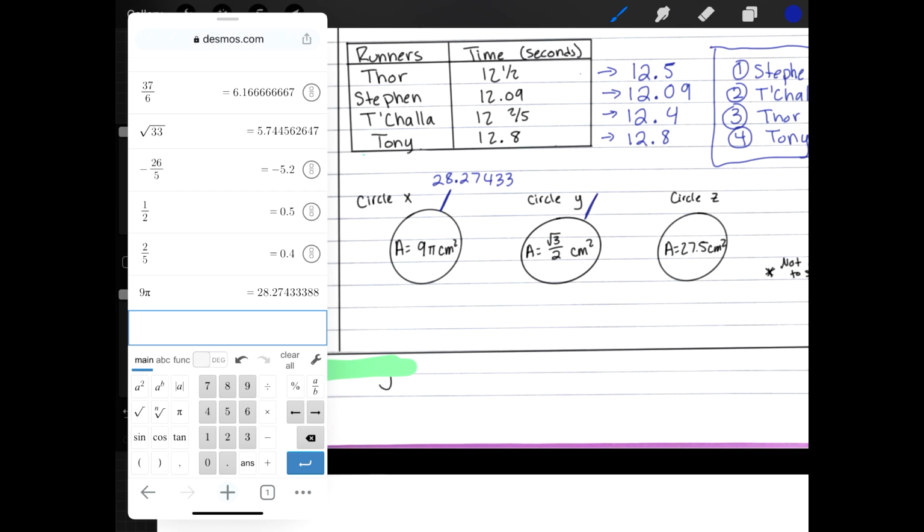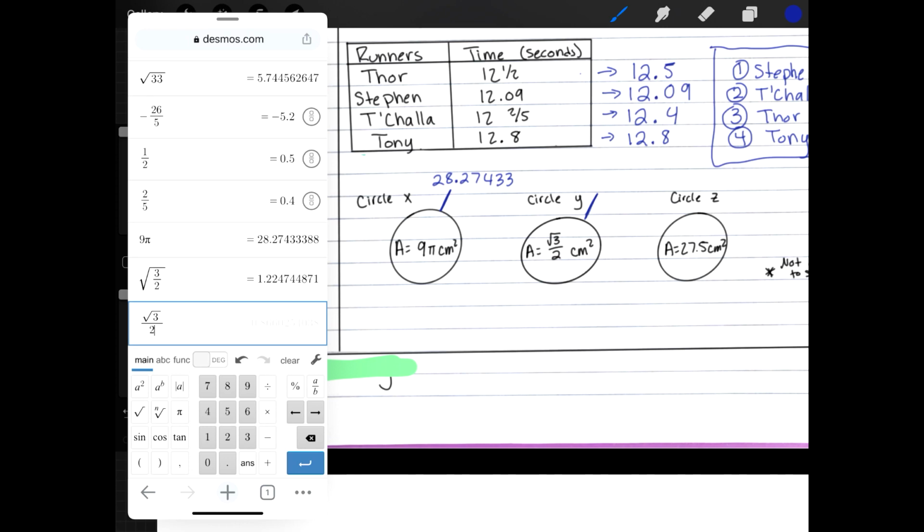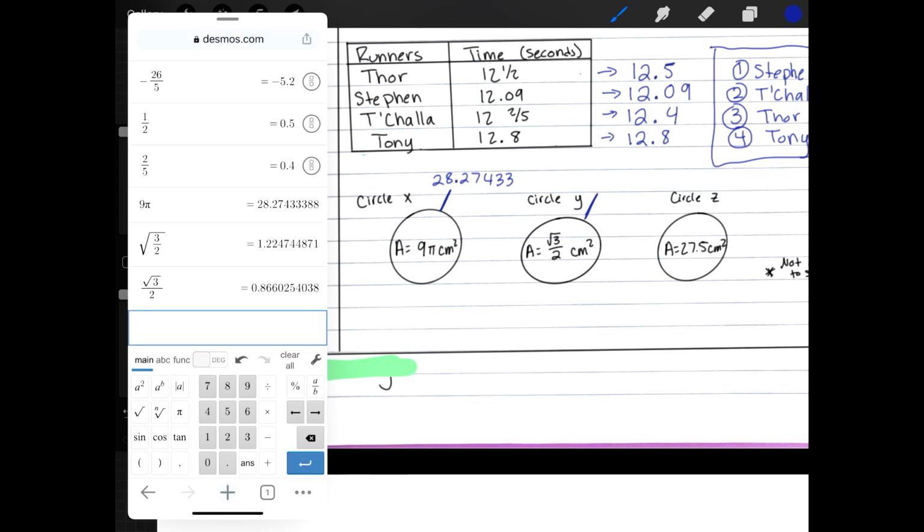Okay, circle Y. This one's going to be a little bit hard, so let me show you. Some people might say square root of 3 divided by 2, and that that's the answer, but it's not. Do you see how this square root is only over the 3 and not the entire thing? This is what you have to do. We have to do square root of 3, and then I'm going to use this arrow over here to get out of the radicand, and then I can do my division and then 2.